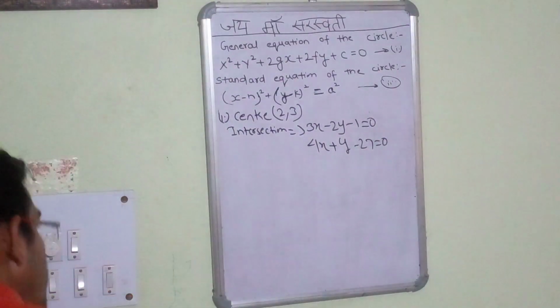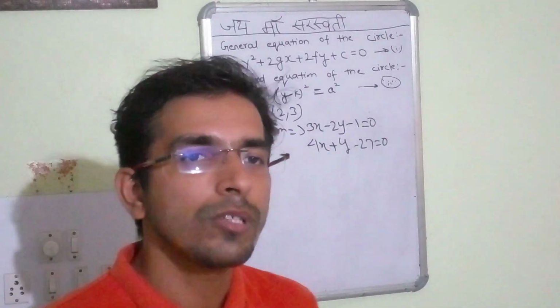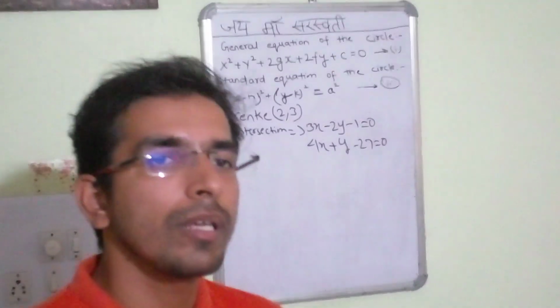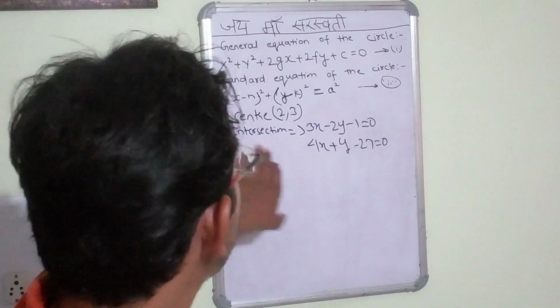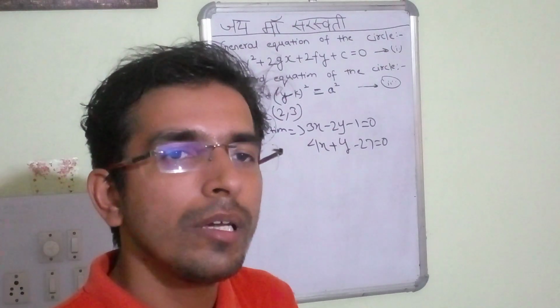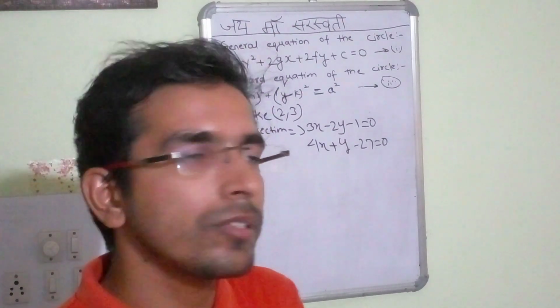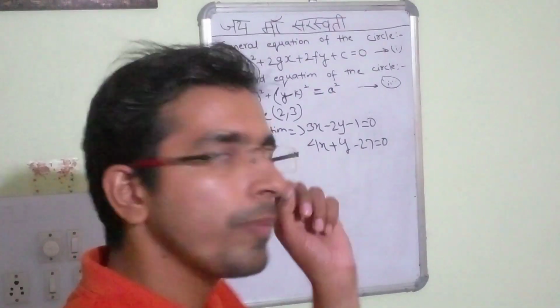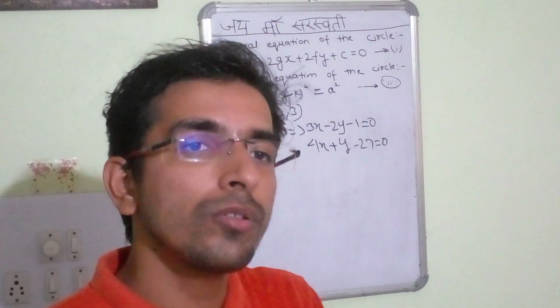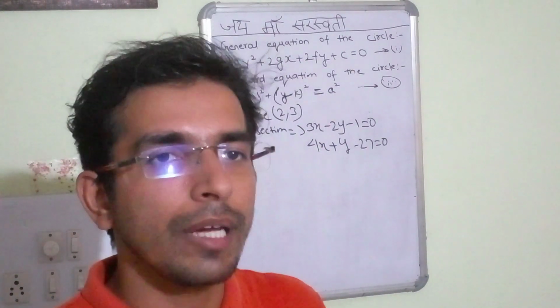Suppose this is the particular equation which is given here. In this case, we have to find the equation of the circle whose center is 2, 3, and which is passing through the intersection of the two straight lines.